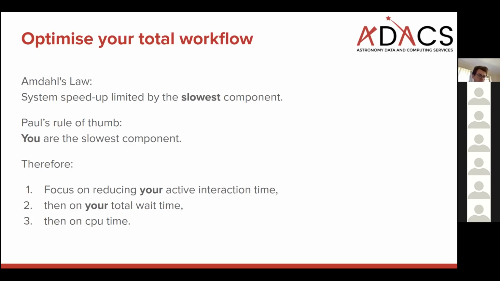But if you have to manually load and move the data around, if you have to spend an hour or so writing configuration files in order for this script to run, which only takes 5 minutes, then your workflow in terms of identifying a piece of work that needs to be done and then having it completed is really, really slow. And it's mostly you messing about with fairly mindless tasks. So you should really focus on reducing your active interaction time.